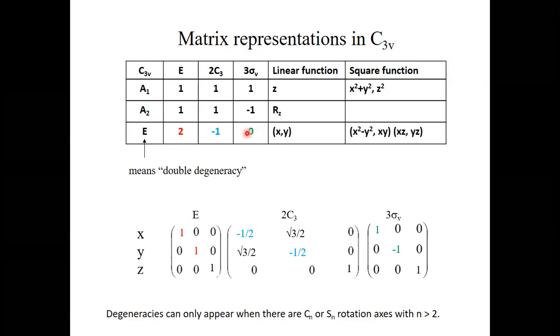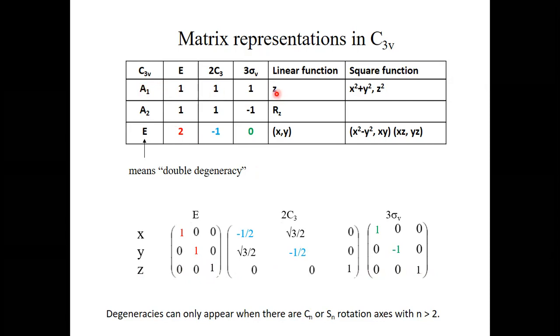Okay. So now what about the z coordinate? The z coordinate is not dependent on any other coordinate. Therefore, the characters for its irreducible representation are 1, 1, and 1. And that's in this case the symmetry type A1.